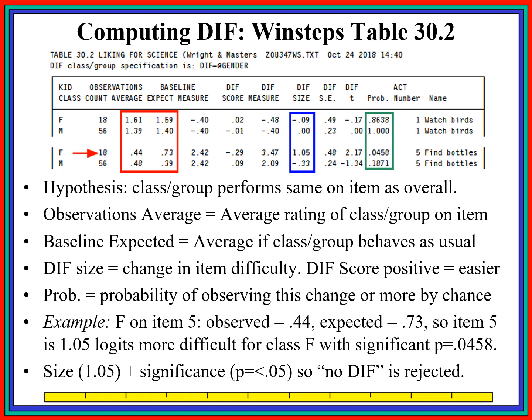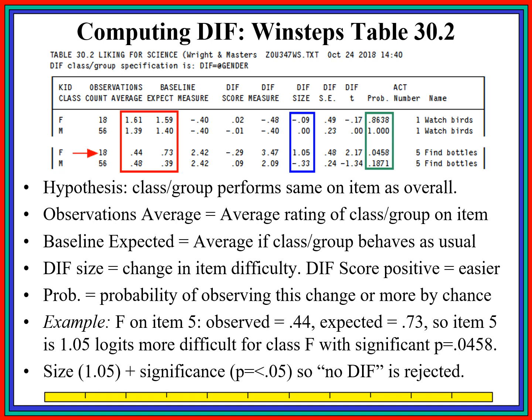If we take the first one, we see it's 1.61 and 1.39. So the girls liked this item more than the boys did. No problem so far. The problem comes when we compare that column with what we expected based on the overall performance of the girls and the overall performance of the boys and the overall difficulty of watching birds.